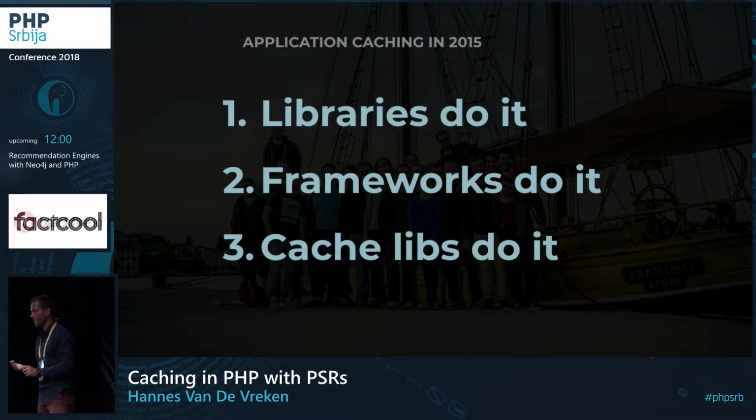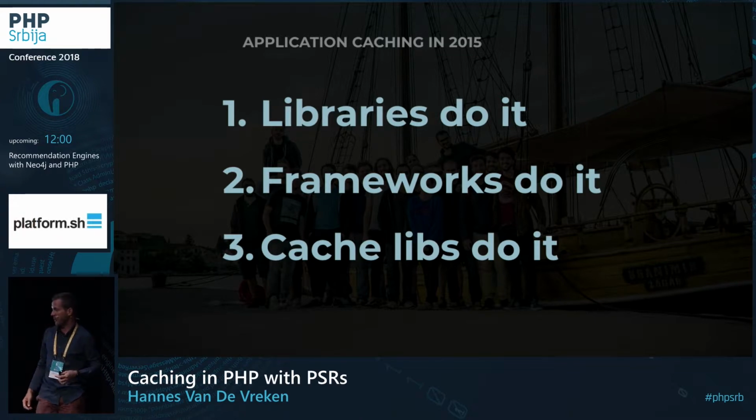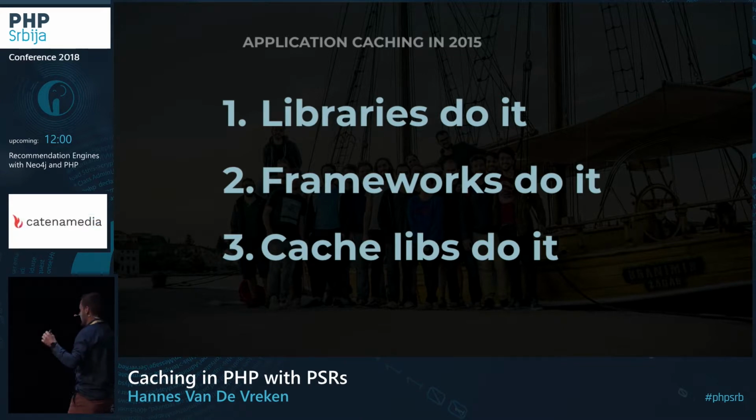They would have their own interfaces, so you would have to build adapters. Frameworks have their own caching layer as well, like Symfony, Doctrine, Zend, Laravel. They all have their own caching layer, but they're not cooperating.